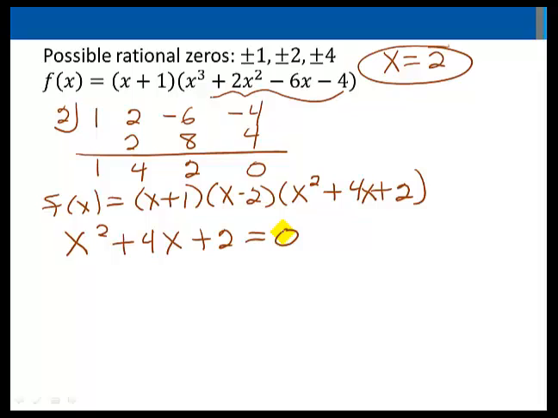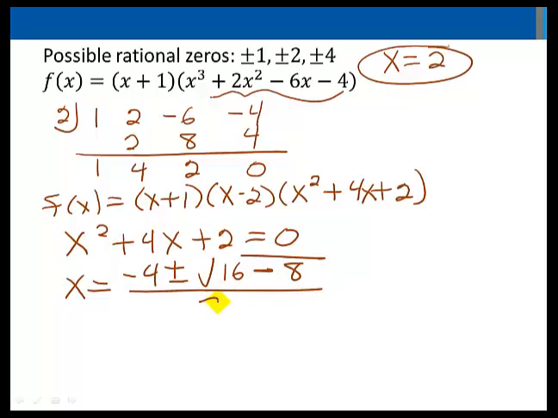Unfortunately, this quadratic does not factor, and so I will need to use the quadratic formula, which is x equals -b plus or minus the square root of b^2 - 4ac, all over 2a. Simplifying gives me remaining zeros of f(x) of -2 plus or minus square root of 2.